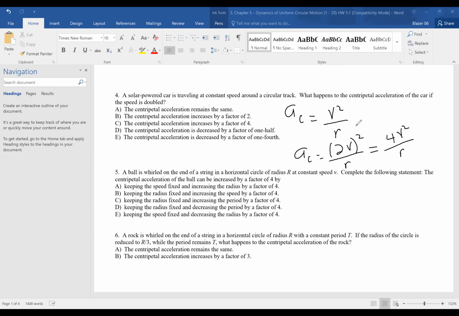Now, let's look at number 6. Because this is actually your homework. I don't want to do them all, but I want you to see if you understand how to do what is meant by this equation. So let's look at number 6.